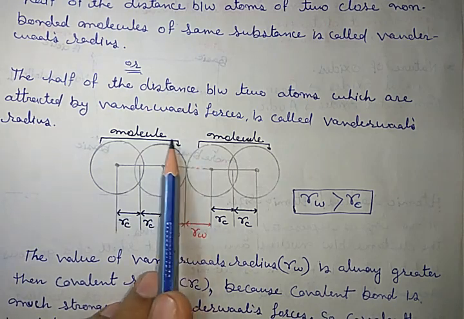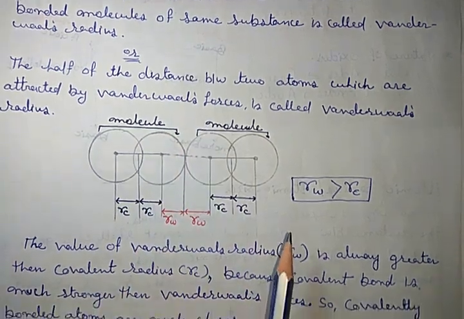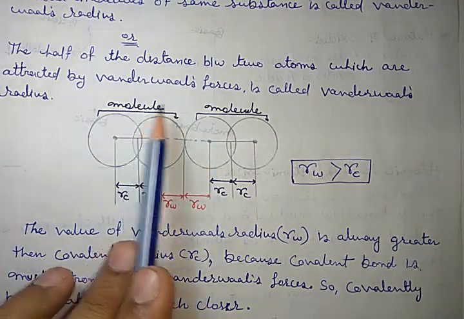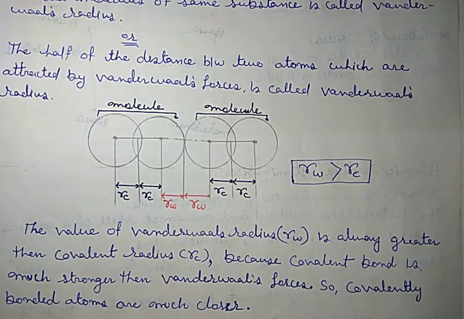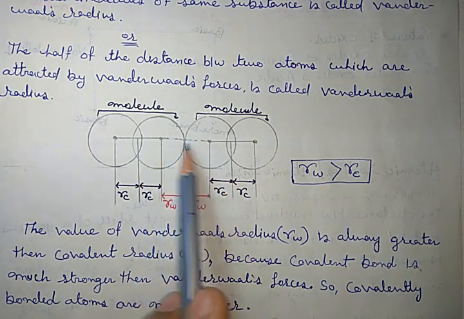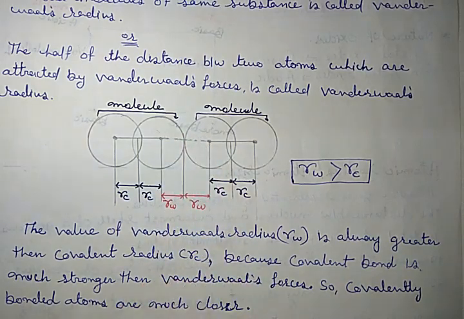Let me clarify that it is not a chemical bond. So there is no electron sharing, gain, loss, etc. There is just attraction between the two atoms. So these atoms of molecules are just attracted but not chemically bonded, and because of the attraction they are close enough. Okay, clear?